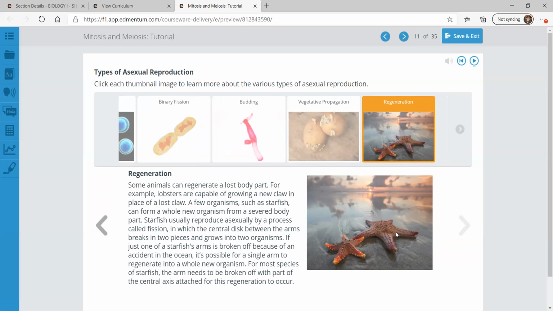If just one of a starfish's arms is broken off because of an accident in the ocean, it's possible for a single arm to regenerate into a whole new organism. For most species of starfish, the arm needs to be broken off with part of the central axis attached for this regeneration to occur.